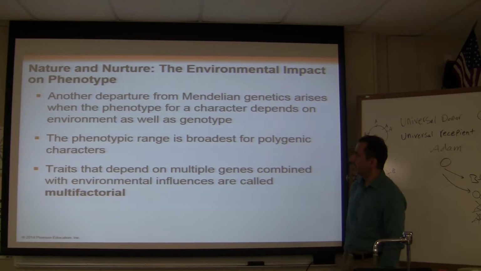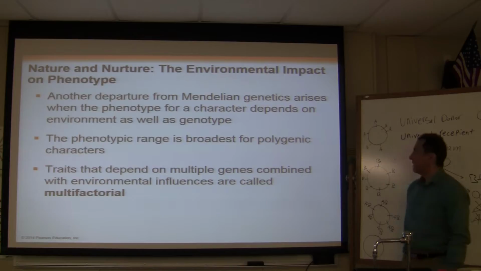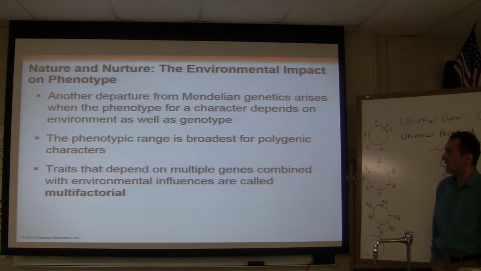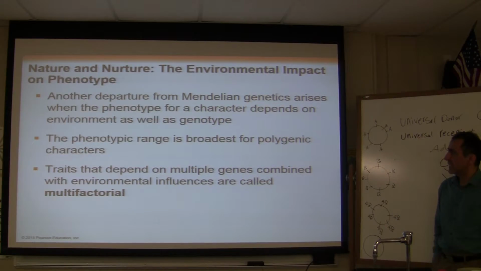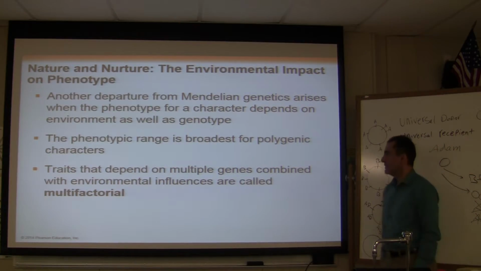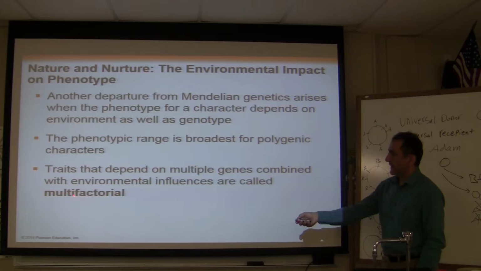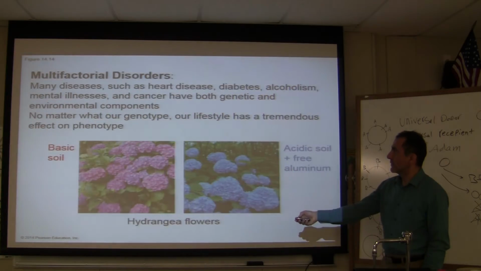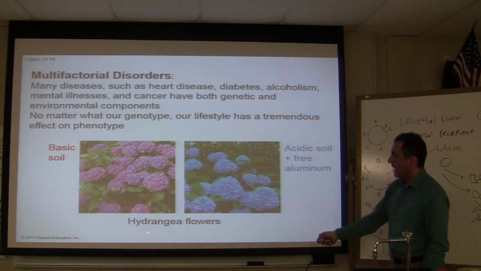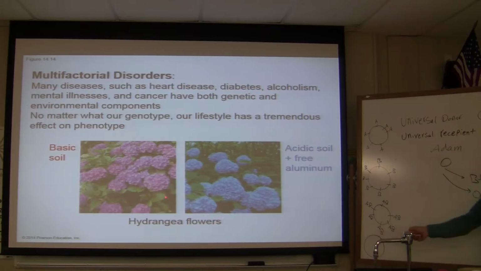Then the phenotypic range is broadest for polygenic characters. Traits that depend on multiple genes combined with environmental influences are called multifactorial. Multifactorial are this flower, hydrangea flowers. If you look at this flower in a basic soil, the soil makes the flowers kind of purplish.